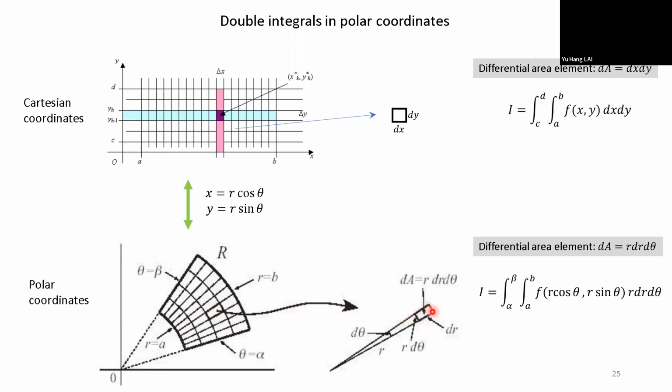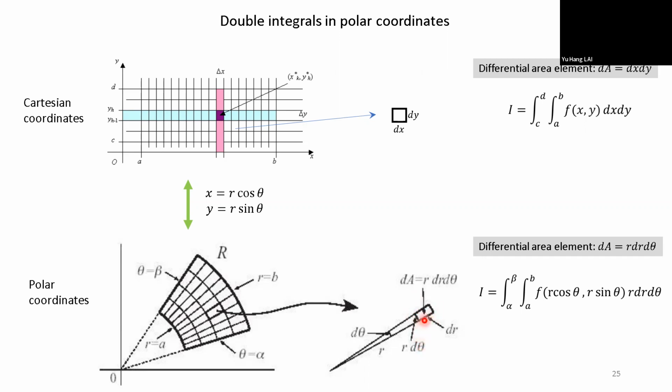If I want to calculate the area, you can see from this picture that it's not exactly a rectangle anymore, but since it's small enough, we could just assume that the area is approximately given by the product of this side and this side.